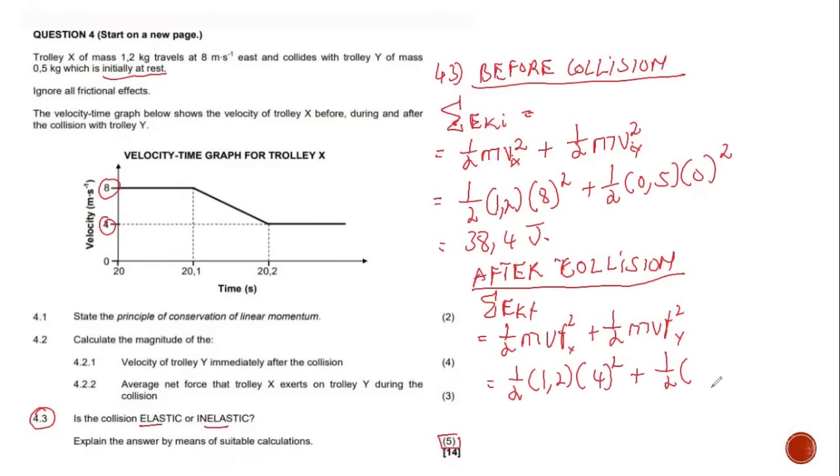And then mass is 0.5. And then final velocity is the one that we calculated to be 9.6, right? Then obviously you have to carefully punch all of that into your calculator. And do not forget the square. A lot of learners make the mistake of just forgetting that square for the EK. So make sure that you are not part of that stat.